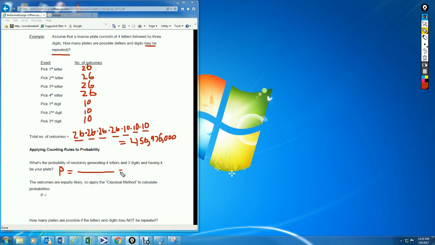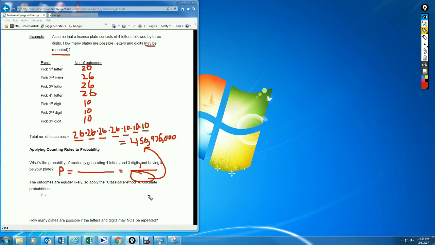Okay. So in this case, the number of ways that it can be your plate is only 1, over the total number of outcomes is this number.